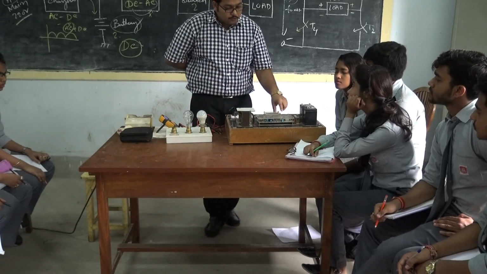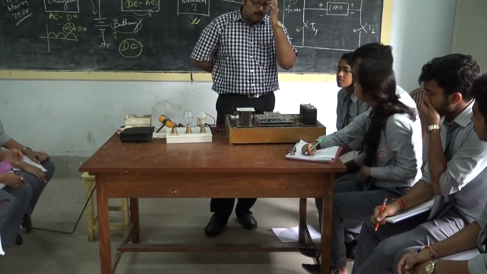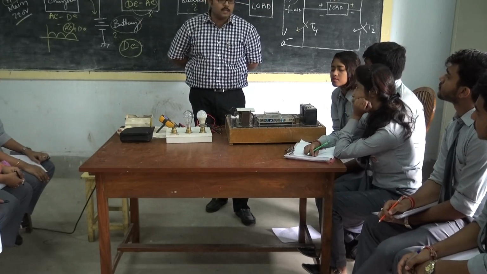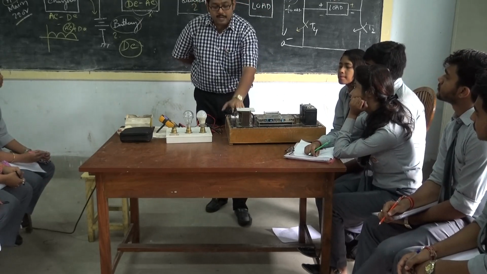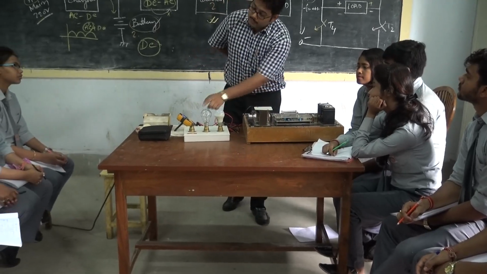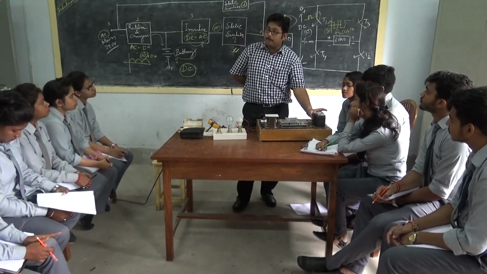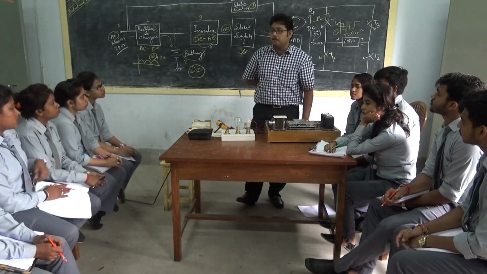Now fault switch 2. If we press fault switch 2, then the buzzer in the circuit will not work. Why is a buzzer needed in the UPS system? In general, whenever the main supply is present, we get 220 volt. Whenever the main supply is off, we also get 220 volt, but it will depend on the capacity of the battery how much time we will get the AC output voltage.